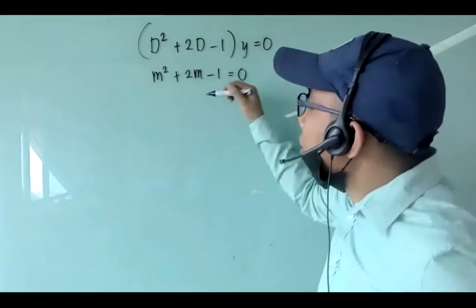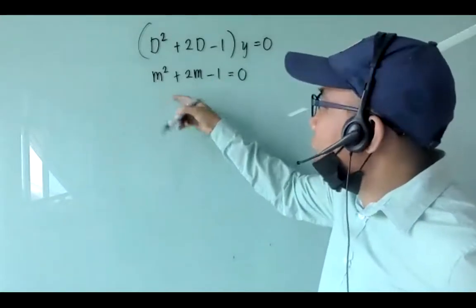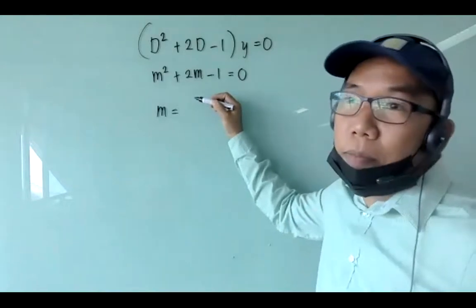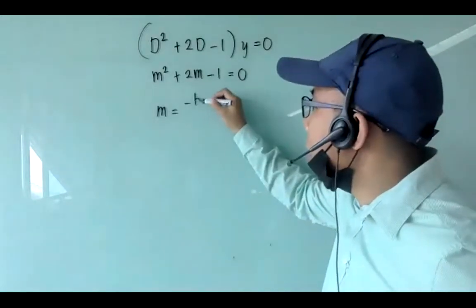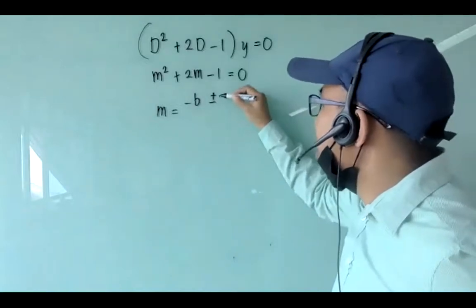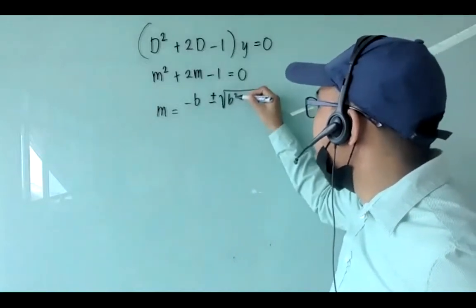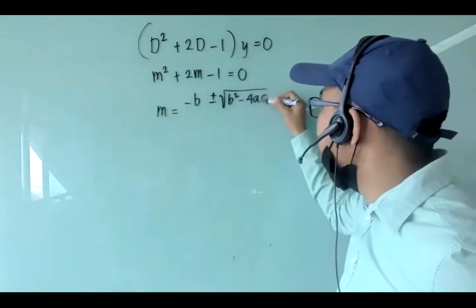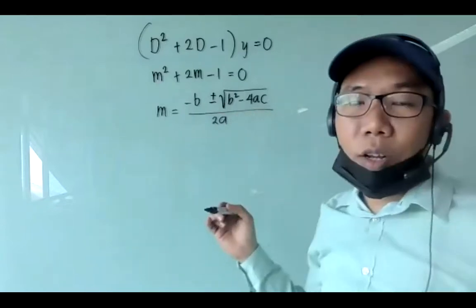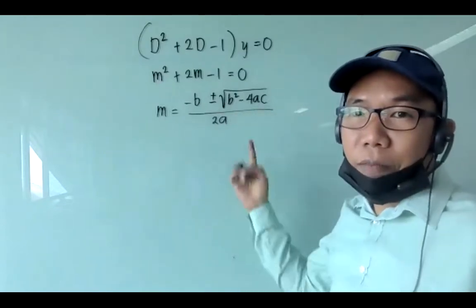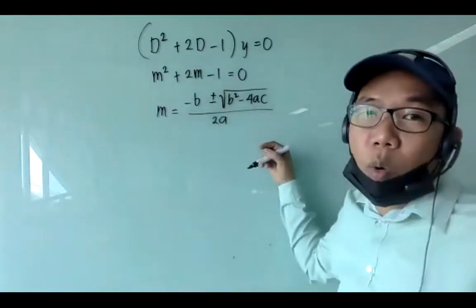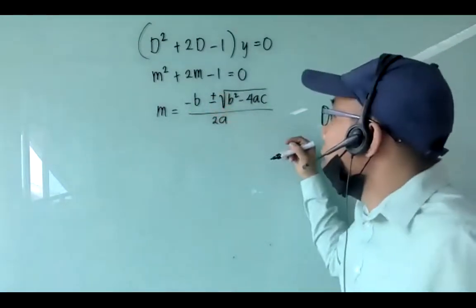So, yung quadratic formula, since m ang ginagamit natin, so m is equal to negative b plus or minus square root of b squared minus 4ac all over 2a. Na-recall niyo pa to? Kaya dalawa na yung roots na makukuha natin dito because of the plus and minus.